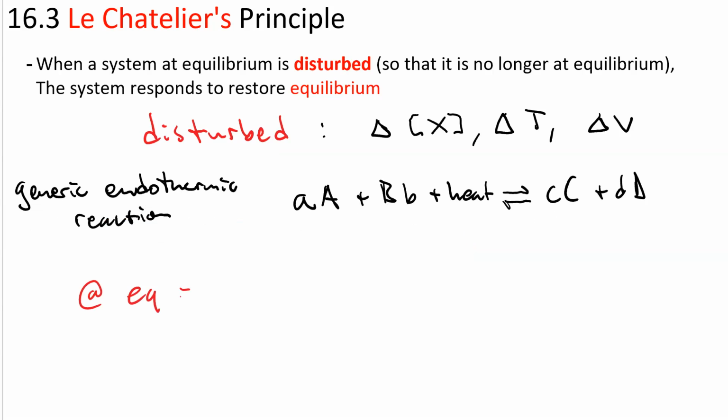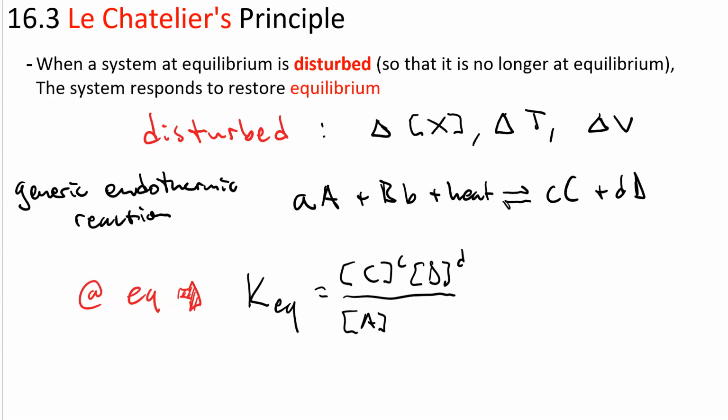At equilibrium, we have our equilibrium expression that says K_eq equals the concentrations of the products raised to their coefficients over the concentrations of the reactants raised to their coefficients.